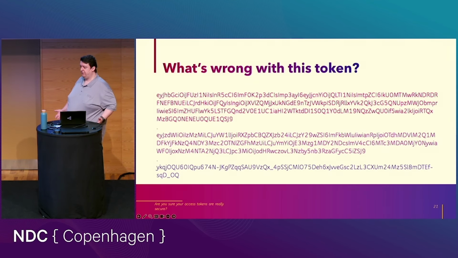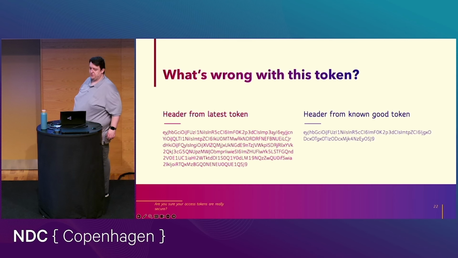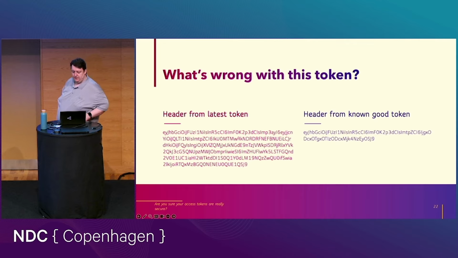And you see, this is a header from a good token on the right side, and on the left side was a malicious token that got accepted. And clearly something is wrong here, because it's way larger than the other one. Anyone have a clue why that could be? Don't worry, they didn't have a clue either.